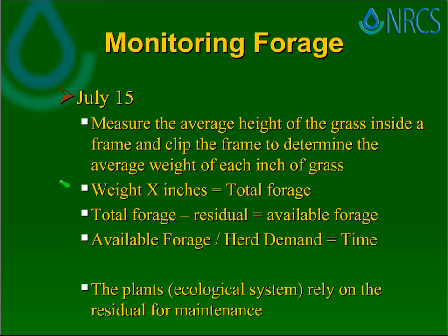So it's one of those things where we turn inches, which we can measure very quickly, into weight in total forage throughout the pasture. I can take hundreds and hundreds of measurements using that Robel pole very quickly. This clipping and weighing takes a lot of time, but that'll give me a pretty good idea of how much available forage is in each pasture. And then I know how much time or herd time I've got per pasture on the ranch. Okay.